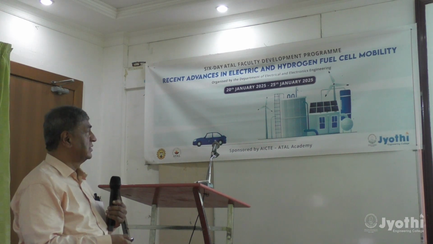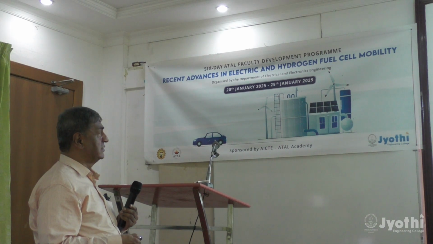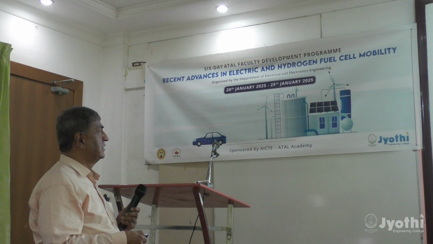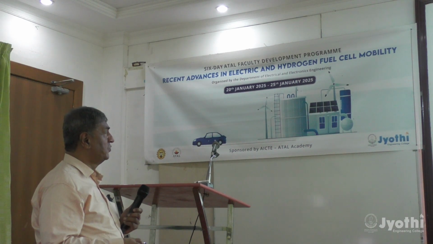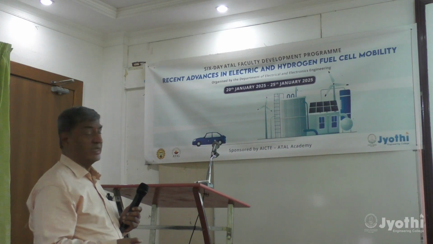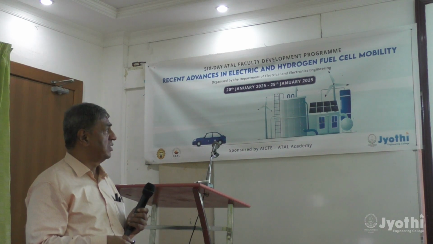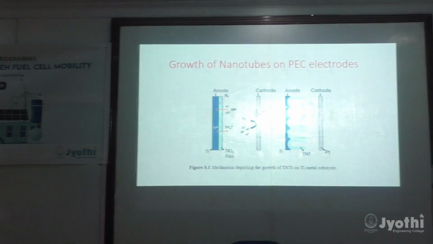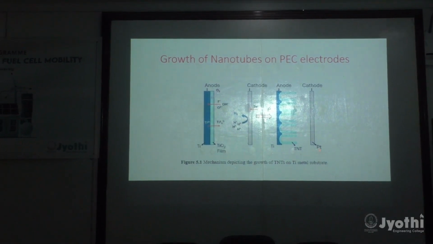So if you look at it in a slightly detailed manner, what has been done is that you have, let us say, the Ti plate, on which titanium dioxide nanotubes have been grown on the anode side. This is being called TNT. TNT stands for titanium nanotube material. So how is it grown?